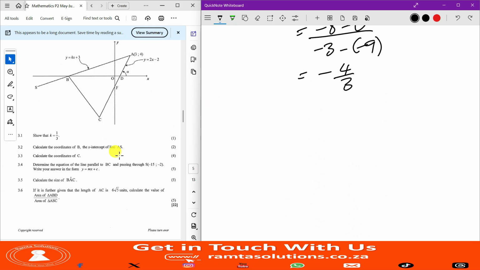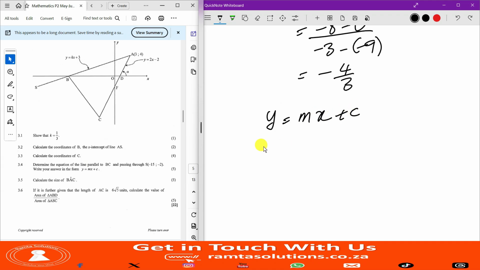So we are looking for an equation of the line that is parallel to BC. So we'll say y is equal to mx plus c, but its gradient is similar to this one here. So it will be minus 4 over 3.